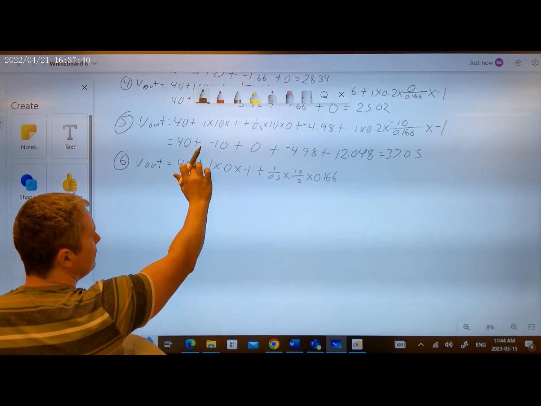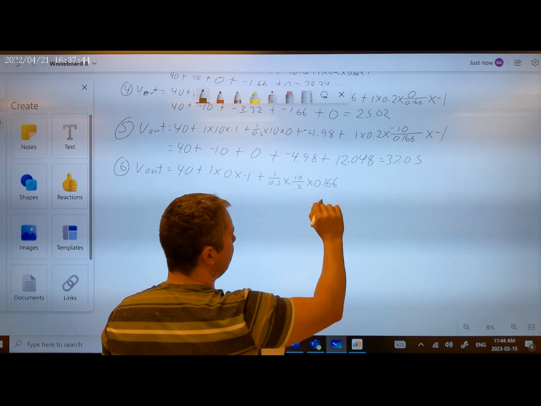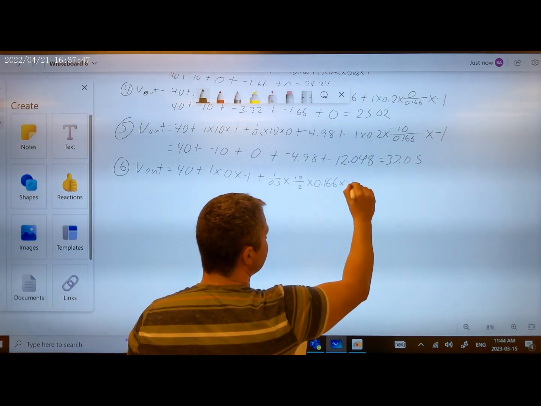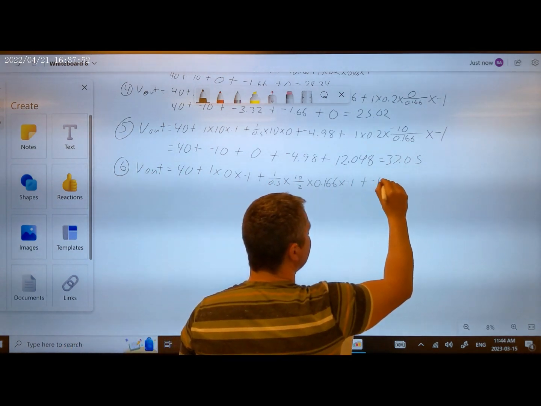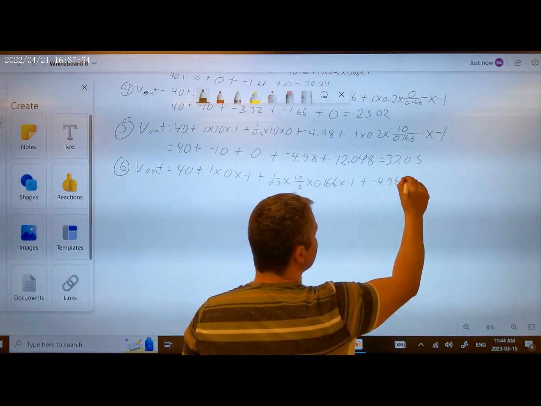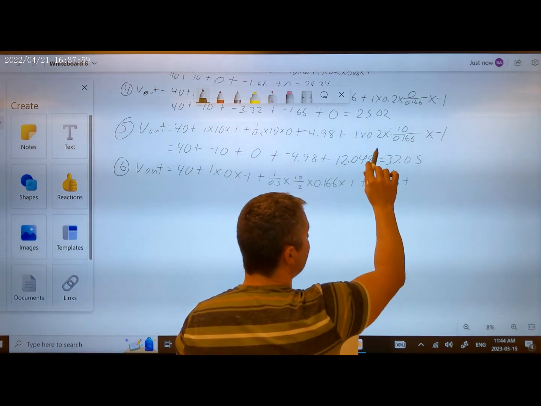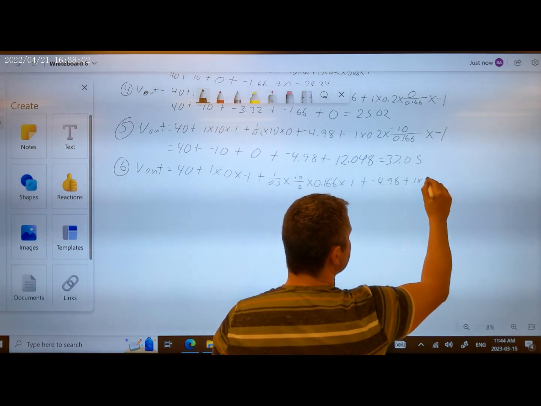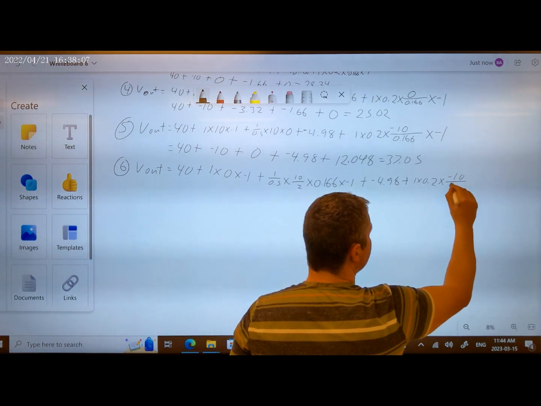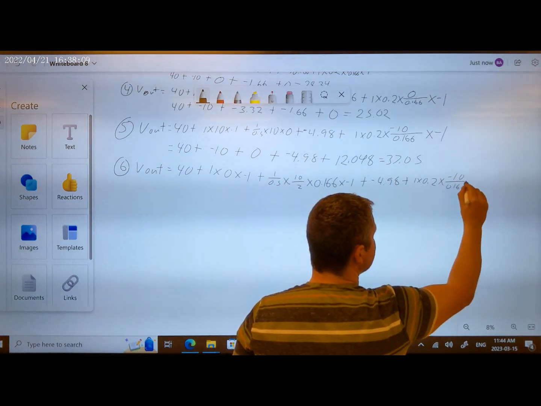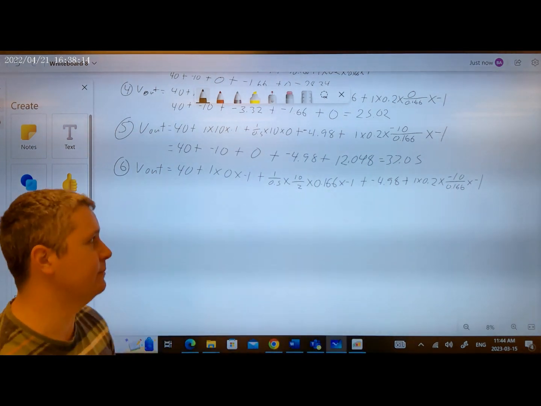Okay, so that gives us 10 divided by 2 times our time times our direction, plus our cumulative integral of -4.98, plus our derivative of 1 times 0.2 times -10 over 0.166 times -1. -10 because we're still going in the negative direction.